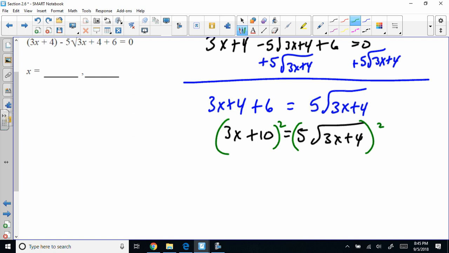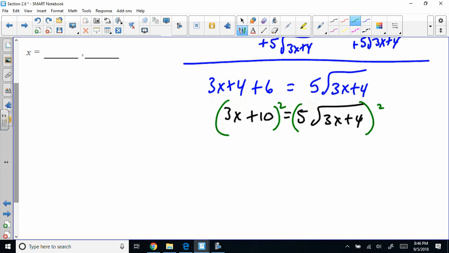You know? All right. You want to expand this like that polynomial? It's a perfect square. You want to do it? Yeah, let's do it. What's 3x squared? 3x squared. Yeah, it's 9x squared. What's 10 squared? 100. What's 3x times 10?